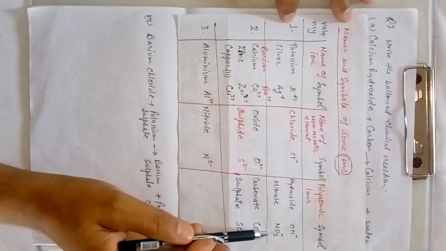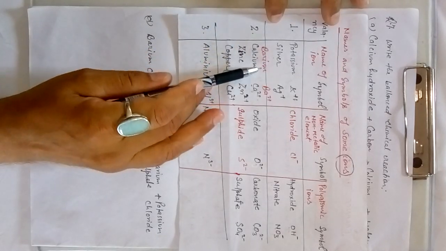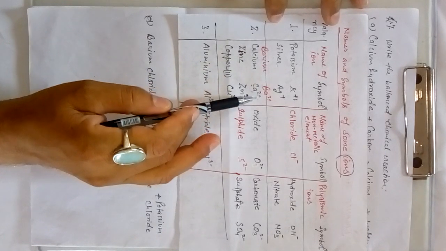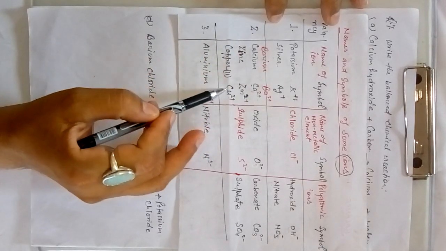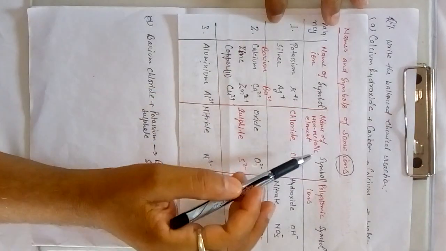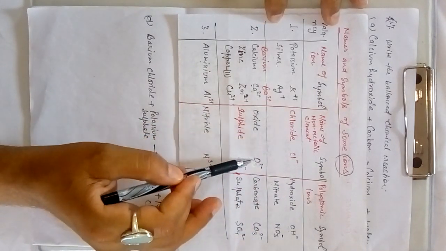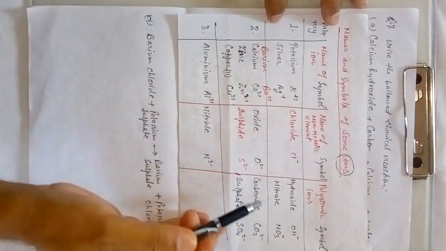Nitrate, NO3-. In second valency, barium, Ba2+, calcium, Ca2+, zinc, Zn2+, copper, second stage, Cu2+. Non-metallic elements like oxide, O2-, sulfide, S2-.